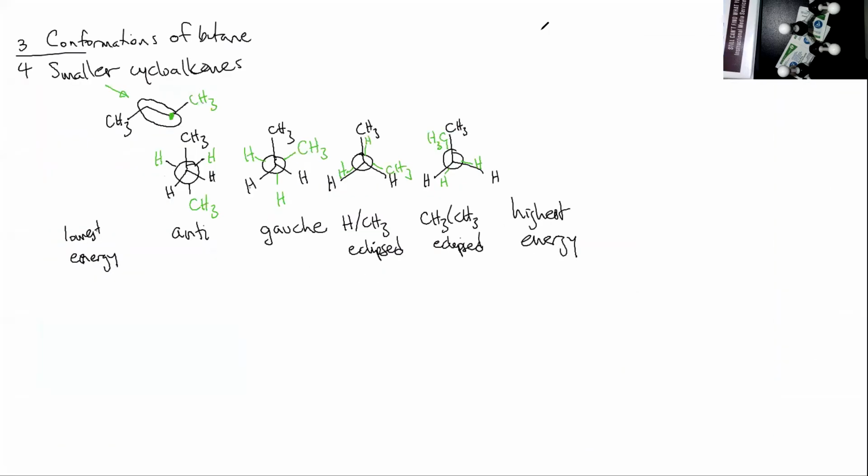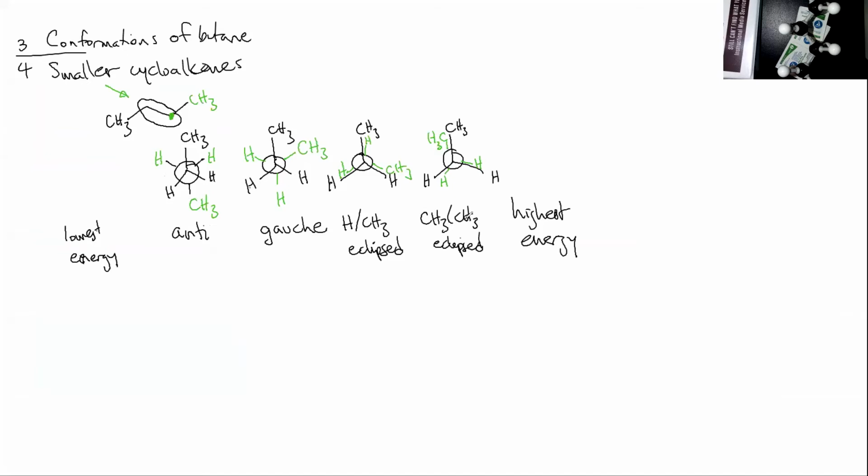Good, so how do we show all that then in an energy diagram? We need to depict somehow that there's 4 different conformations, two eclipsed and 2 staggered, and the lowest energy is this anti, and then the highest energy is eclipsed, and we need to reflect what we've done up till now.